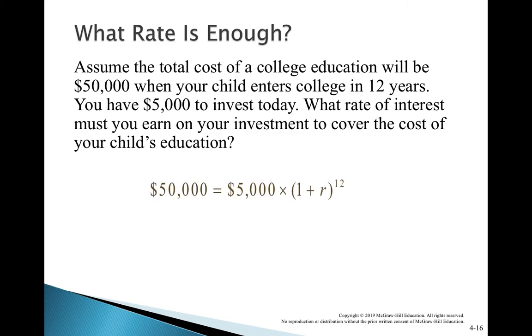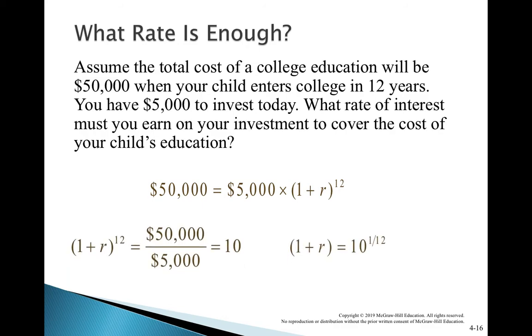Very simple, same formula. Future value is equal to present value multiplied by 1 plus R to the power t. Then 1 plus R to the power 12 is equal to 50,000 divided by 5,000, which is 10. 1 plus R will be equal to 10 to the power 1 by 12, or R is equal to 10 to the power 1 by 12 minus 1, which is 21.15%.